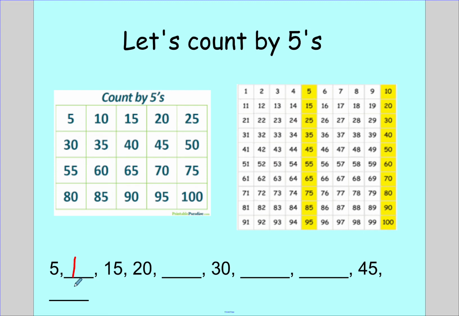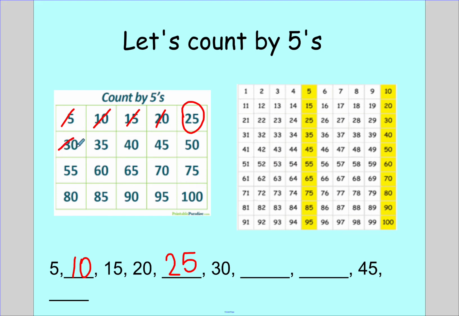5, 10. I'm going to cross off 5. I'm going to cross off 10. And then we have 15, 20. My next missing number is 25. 30.